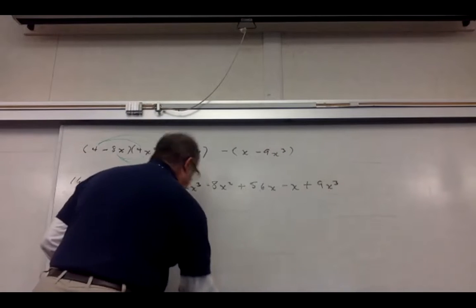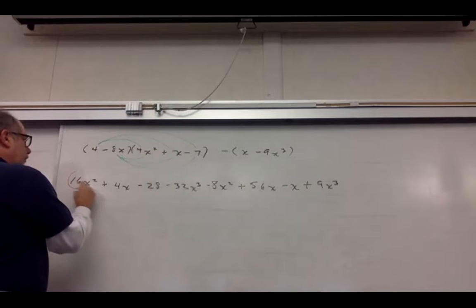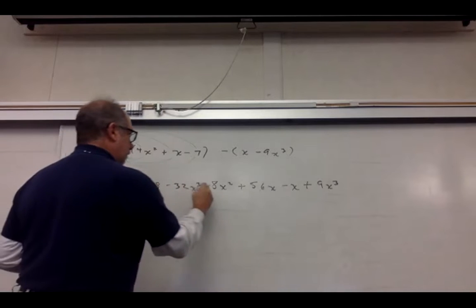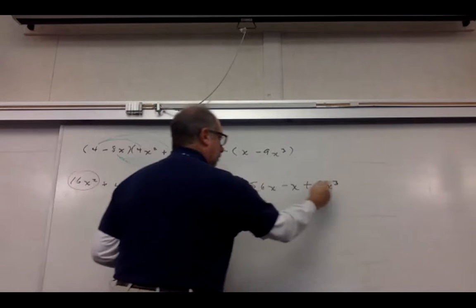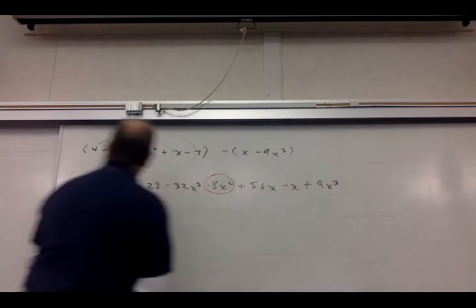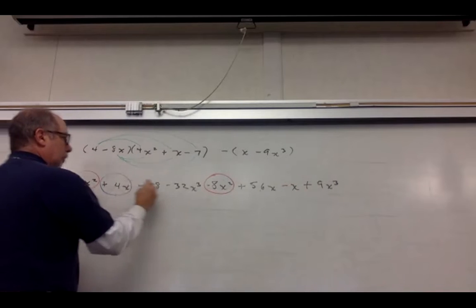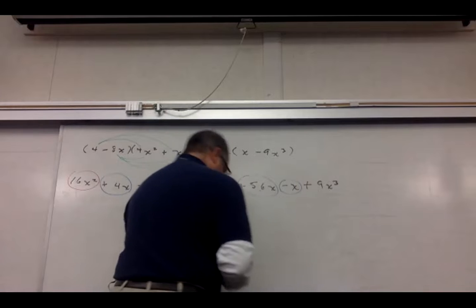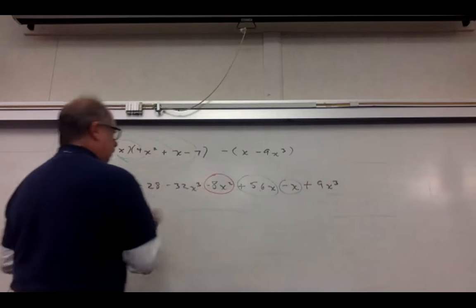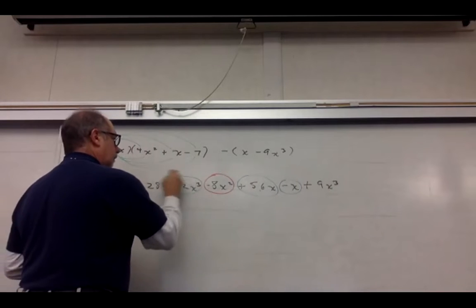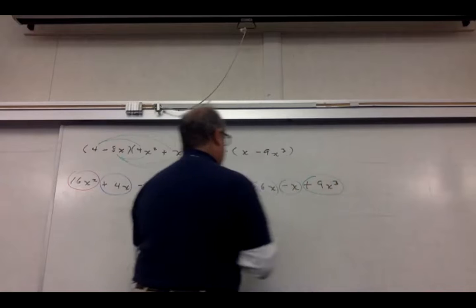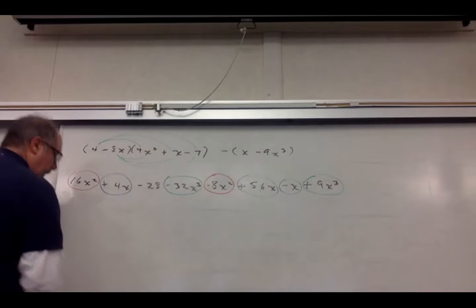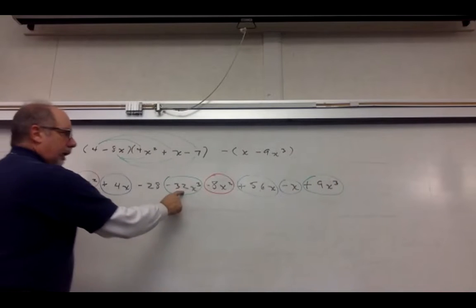Okay, now I'm going to combine like terms. The x squared terms I'm going to circle in red. The x terms I'm going to circle in blue. The x cubed terms I'm going to circle in green. And then we'll leave the constant term alone. So add these.